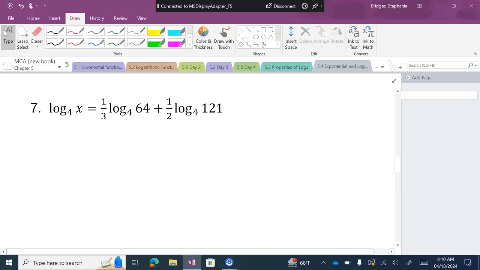Now, when I combine my logs to simplify both sides, first of all, on the left side of this equation, is there anything I need to combine? No, it's just one log, so that one's going to stay the same.